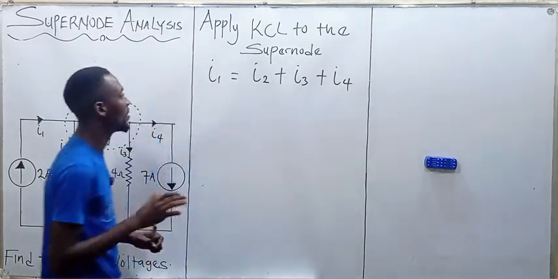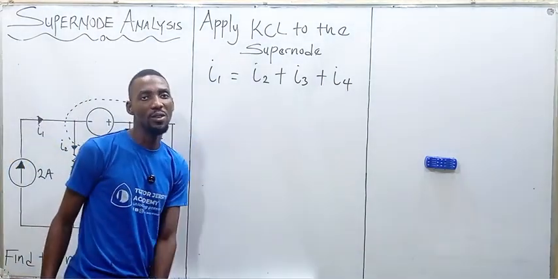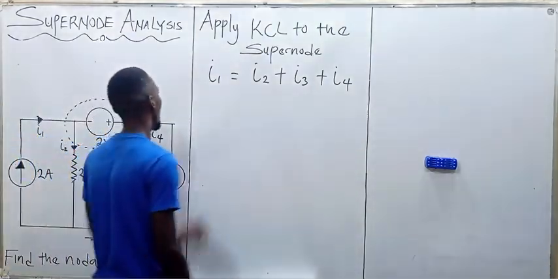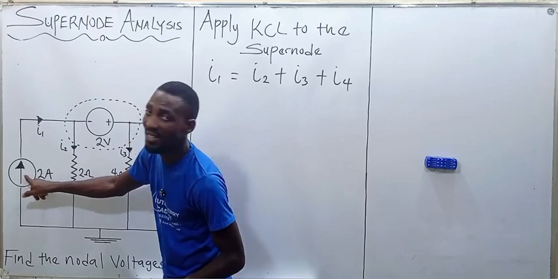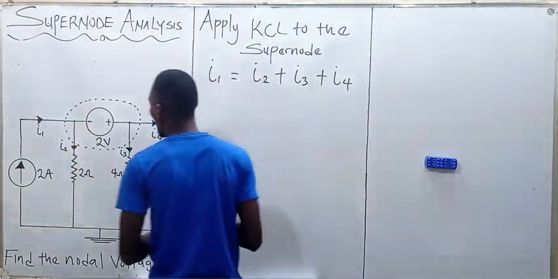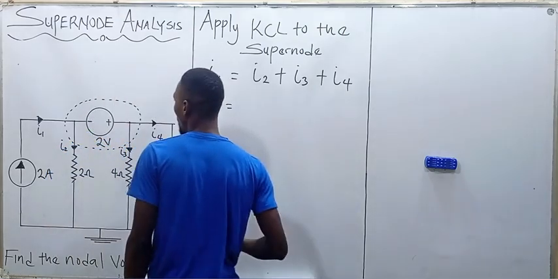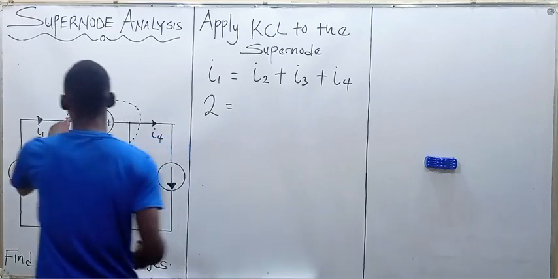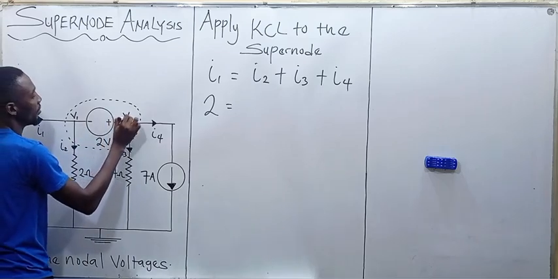All right, the next thing we are going to do is replace our current here with voltage over resistor, right? Our current I1 here is the same thing as this 2 ampere that is going into this supernode. So I1 here is 2, which will be equal to I2. Our I2 is flowing along this branch. Let's call this node V1 and this node V2.